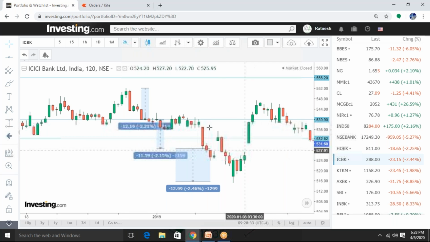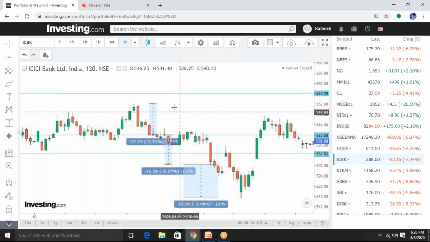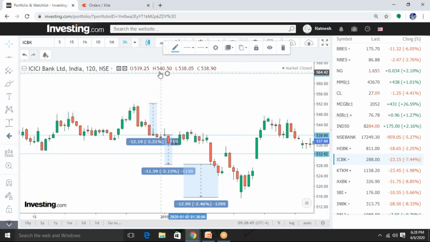But it will take some time, so there is always a slight problem of premium decay. So I always feel that option writing at a higher level is always fine in such cases. Whenever you observe some reversal pattern, you can easily write the 580 call or like that.